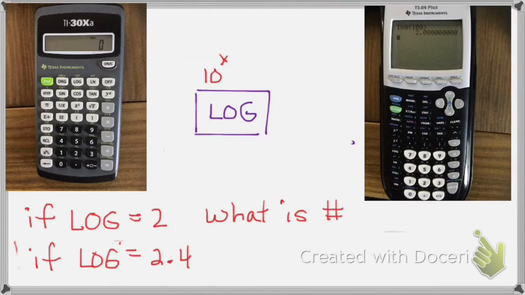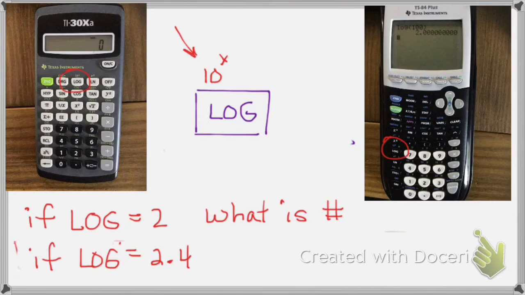While we're looking at the calculators, let's look at the second function above your log key. Notice for both calculators that the second function above that is 10 to the x. A reminder, we said that the log is the value of x when we write that number as 10 to a power.